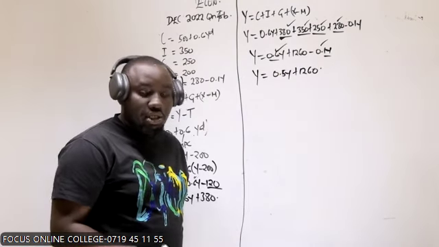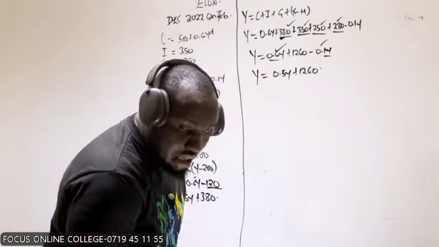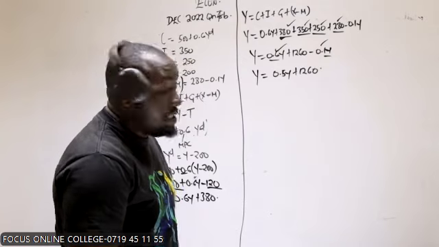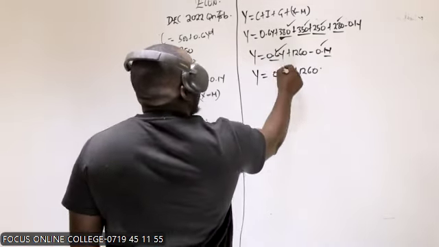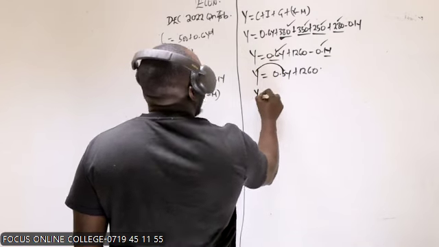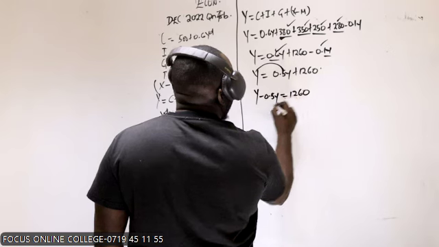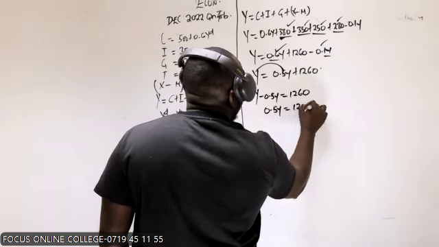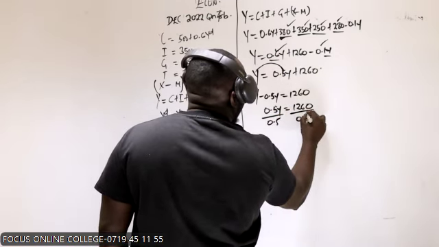Are we there? Collect like terms, take this one to the other side: Y minus 0.5Y is equal to 1260. So 0.5Y is equal to 1260. I divide both sides by 0.5.